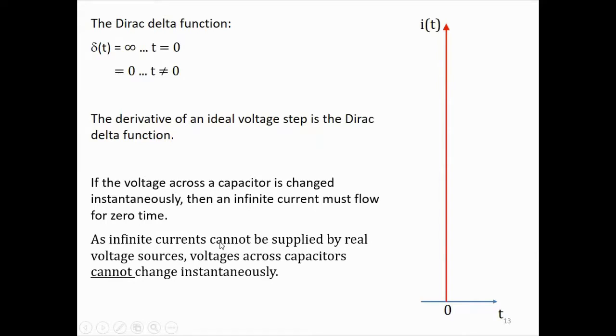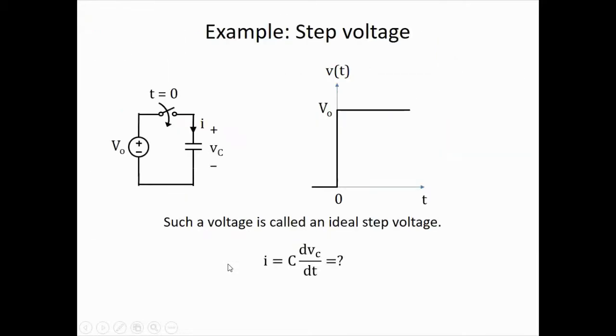In circuits, and we'll make a broad sweeping statement, when a switch is closed or open, capacitor voltages will not change instantaneously, because if they do, they require infinite currents, and real voltage sources will not supply infinite currents.